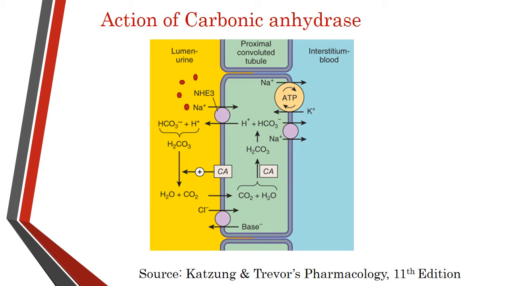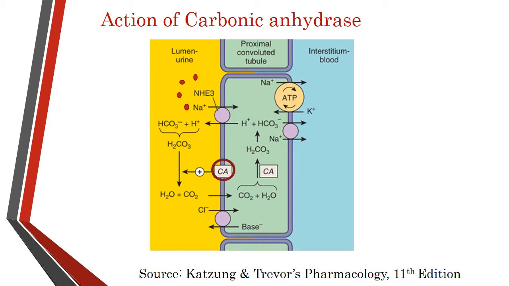Let's look at the action of carbonic anhydrase. This is the proximal convoluted tubule. This is the lumen and this is the interstitial space. Hence, this side is known as the luminal membrane and this is known as the antiluminal membrane. In the lumen, we have a variety of ions. These are the sodium ions.